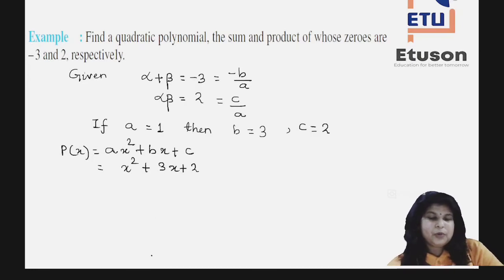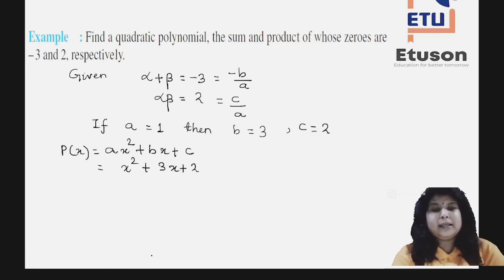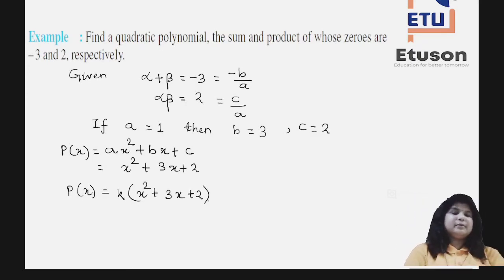So if you observe, this holds good. Instead of 1, if you take another variable, then p(x) will be of the form k into x square plus 3x plus 2, where k is a real number.